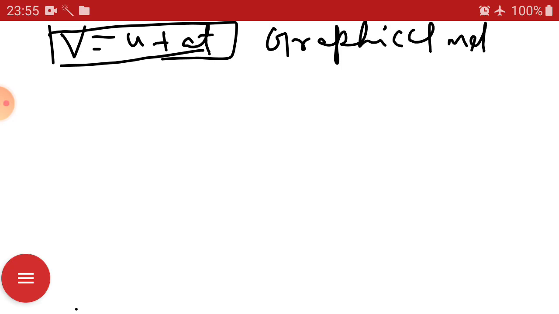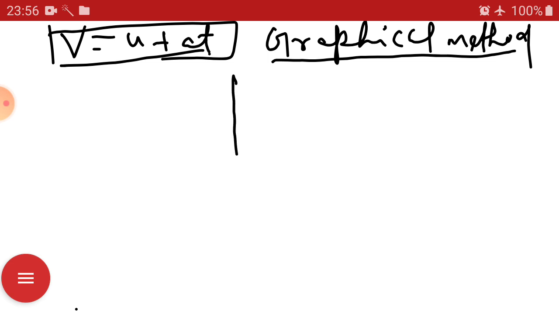You can of course derive this equation using the calculus method also. In some other video I'll also explain how to derive this equation of motion using the calculus method. So today we will derive it from the graphical method. This question is an important question in your secondary or high school physics.